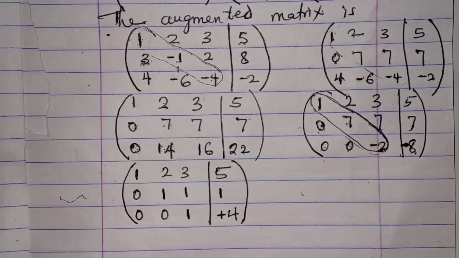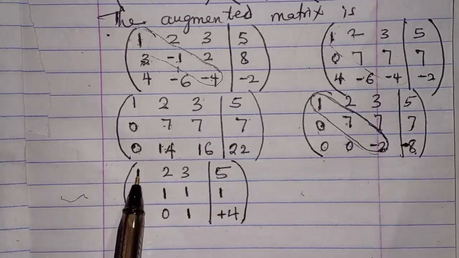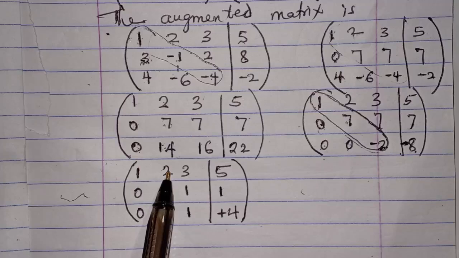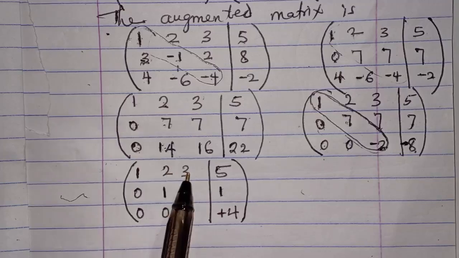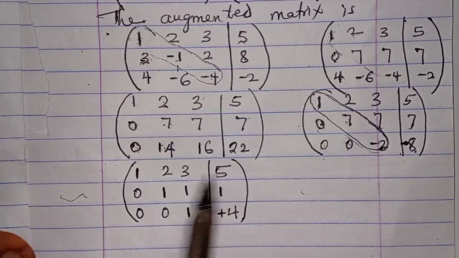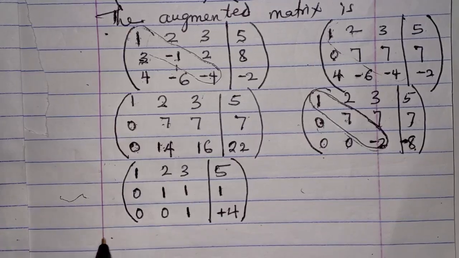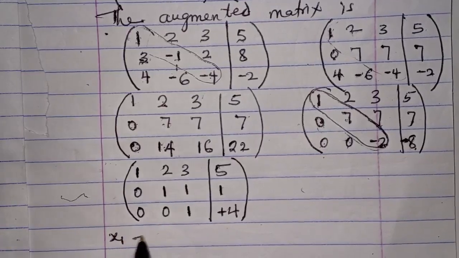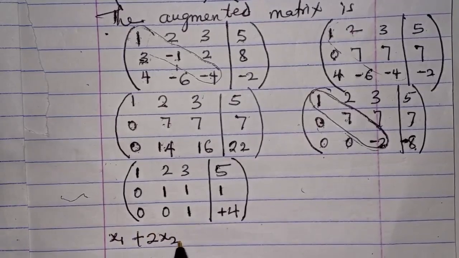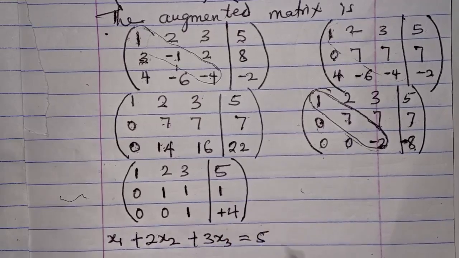We are going to make back substitution. 1, 2, 3. This is the coefficient of x1, the coefficient of x2, the coefficient of x3, and this is what we have at the right hand side. So this will be 1x1, which is x1, plus 2x2 plus 3x3 equal to 5.